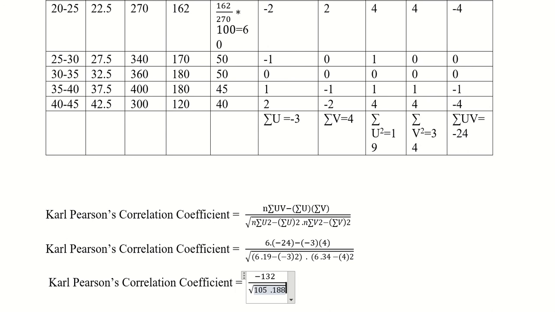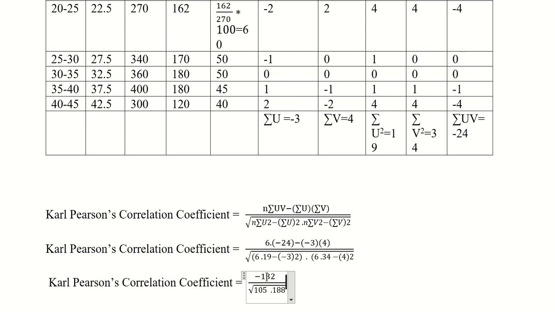So we cannot directly multiply 105 and 188. What we need to do is first find the square root of 105 and 188, and then we can solve it. These are separate square roots.